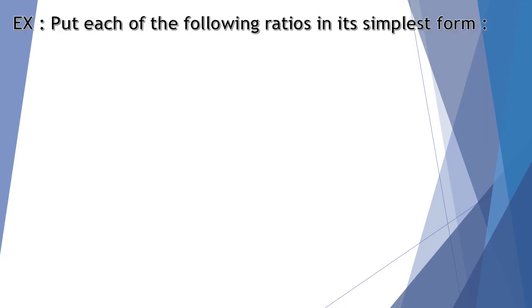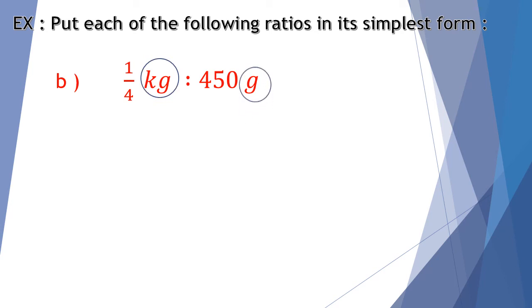Example. Put each of the following ratios in its simplest form. 1/4 kilograms to 450 grams. Attention. To find the ratio between two quantities, they must have the same units.